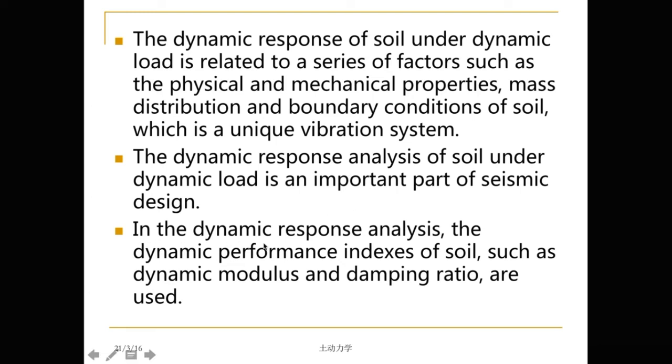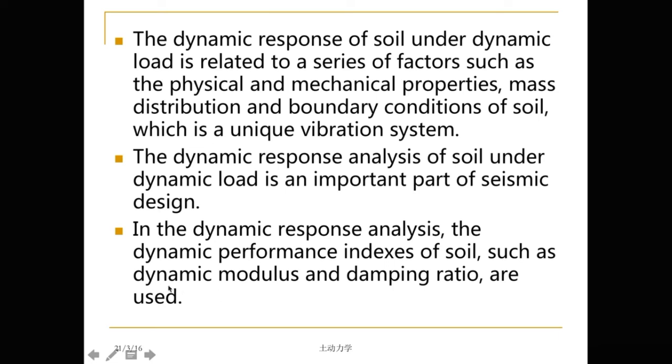In the dynamic response analysis, the dynamic performance indices of soil, such as dynamic modulus and damping ratio, are used. We can easily understand the meaning of these parameters and explain them physically.